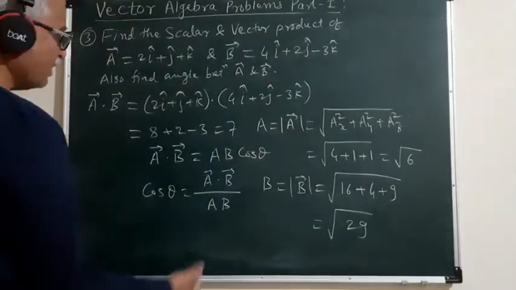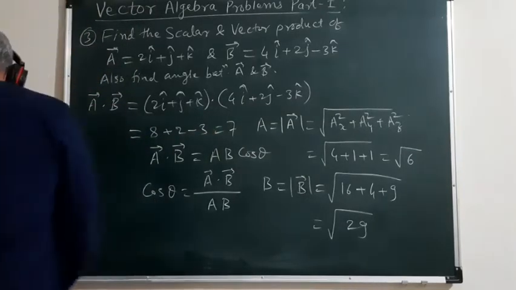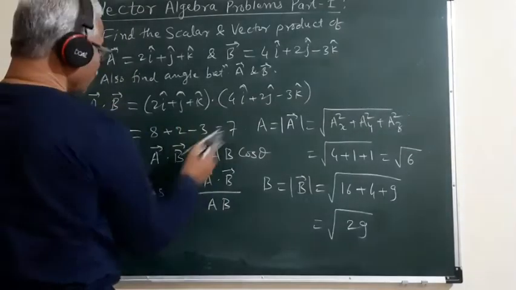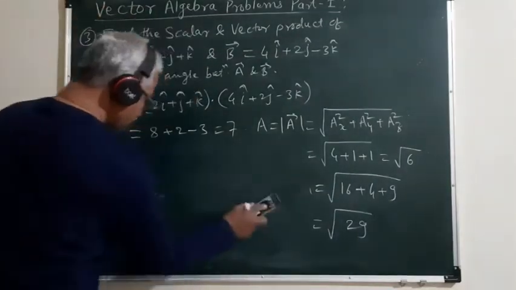So using these values of mod A, mod B and A bar dot B bar, we shall get the value of cos theta.